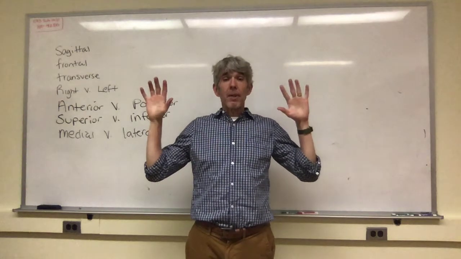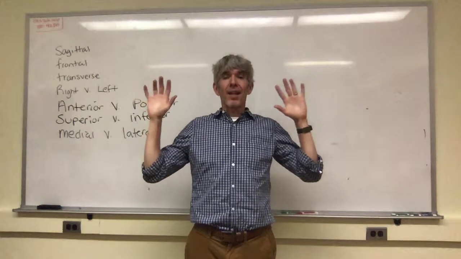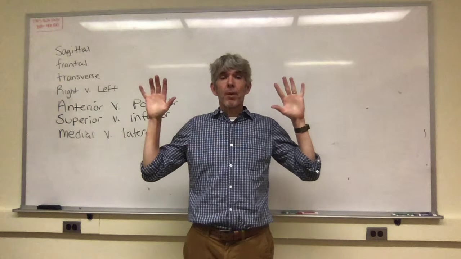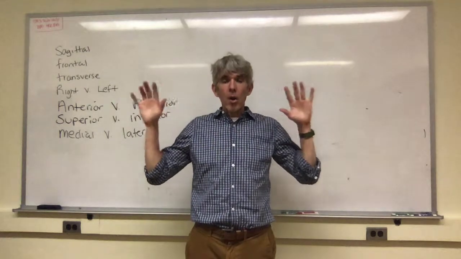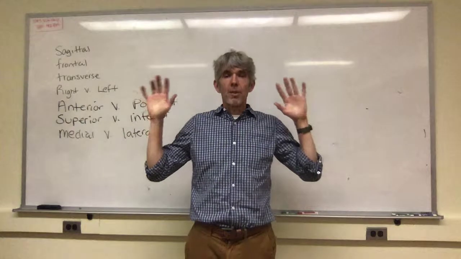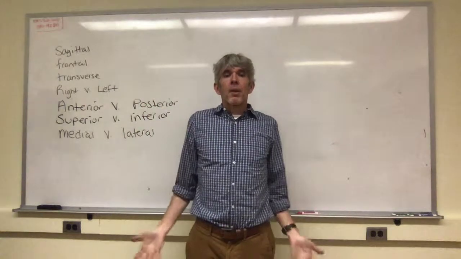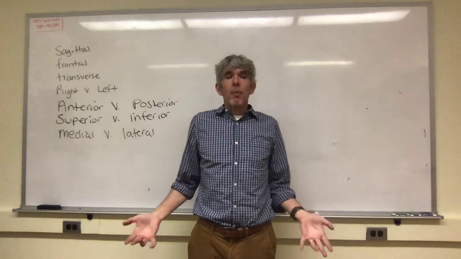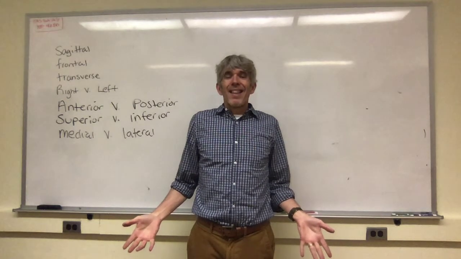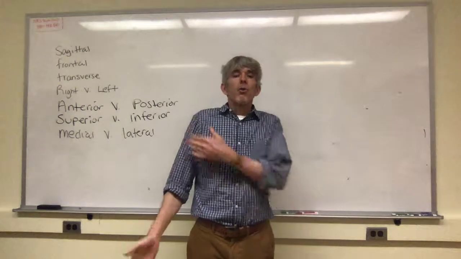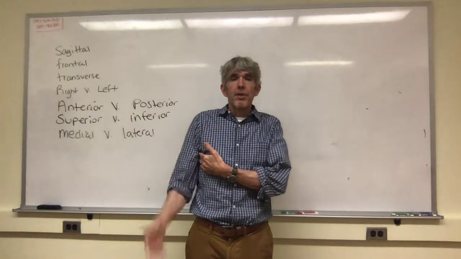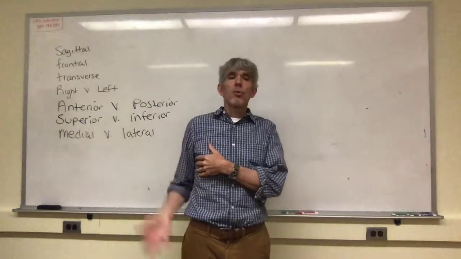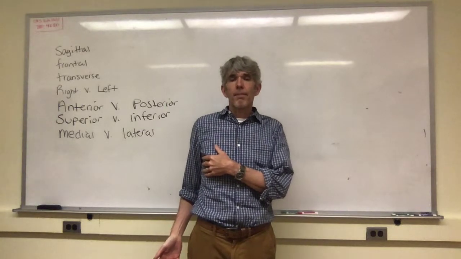It looks like it's medial when I'm presenting myself like this, because my thumb is closer to my mid-sagittal plane than my pinky, right? But like I said, we define all of these terms relative to the anatomical position. And when I'm in the anatomical position, my thumb is lateral to my pinky, right? That never changes. It doesn't matter. You could cut my arm off and just put it on an operating table. The thumb is always lateral to the pinky, all right?